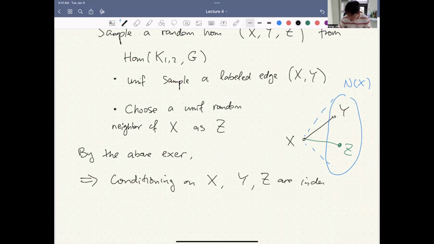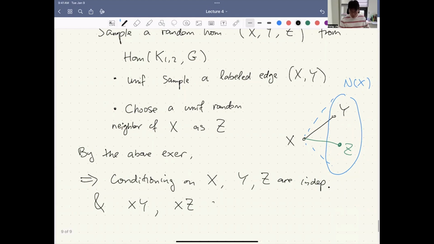Y and z are independent. Actually, they have the same distribution. And also, if you just look at xy and if you just look at xz, they also have the same distribution. They are uniform random labeled edges.